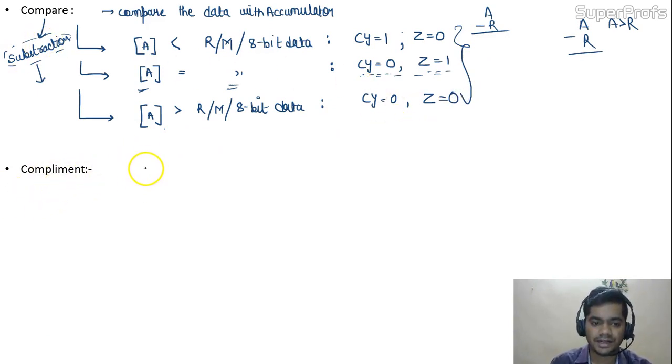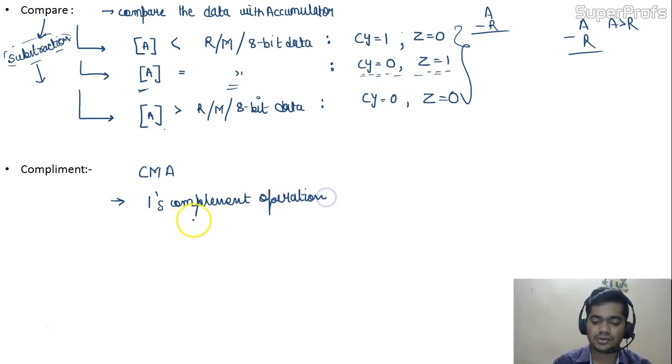Similarly, for complement, we use the instruction CMA and it performs the ones complement operation. Here we are performing the ones complement operation and flags are not affected.